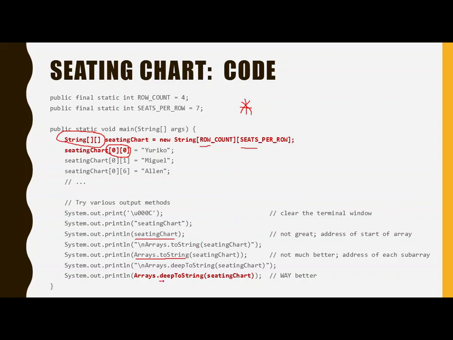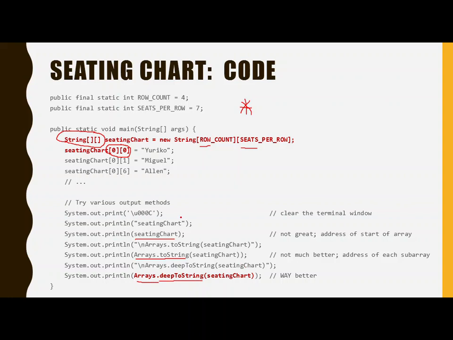But if you use this thing called deepToString from the Arrays class, that's a nice static method, and that says dig in, keep digging in, get all the way down. So if you do a deepToString, you'll actually get these things printed out as arrays with the brackets and the commas, and that's not a bad way to go.